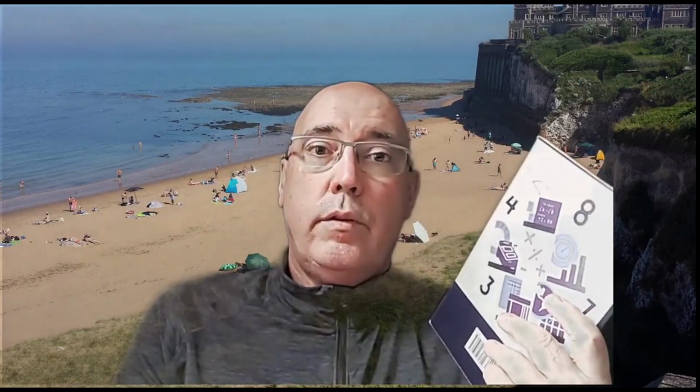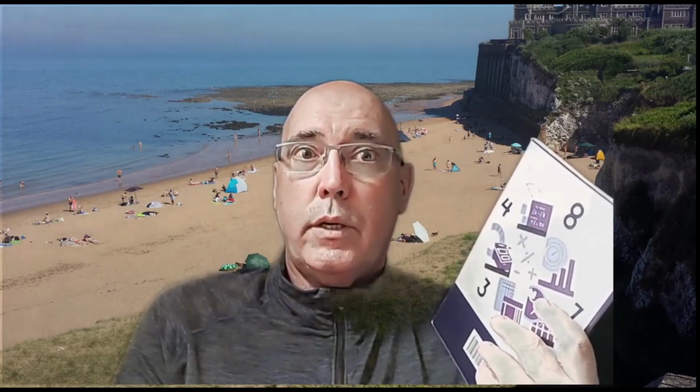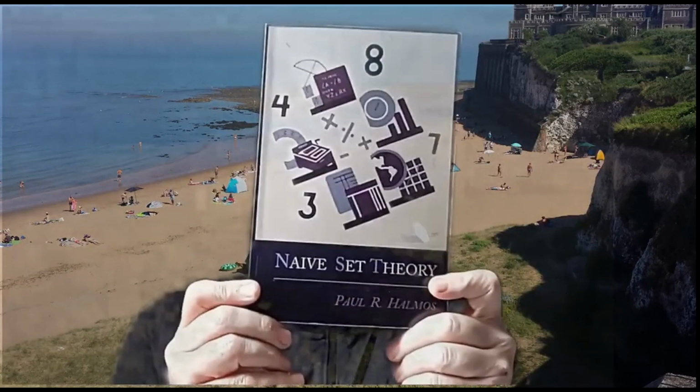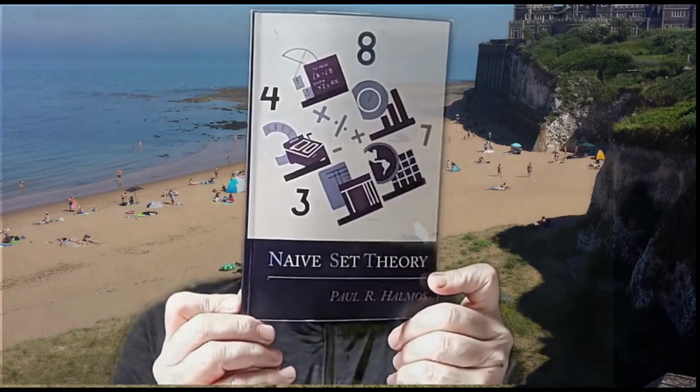Now, in order to do the set questions, and sets are really useful and they're very powerful and basically underpin a lot of modern mathematics, okay, what we have to do is understand set theory, okay, and there's this slim book, and this is Naive Set Theory by Paul Halmos.